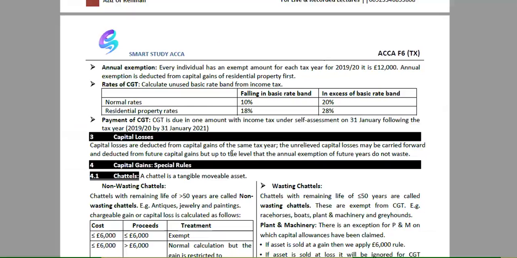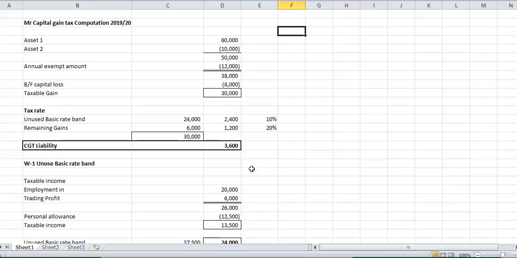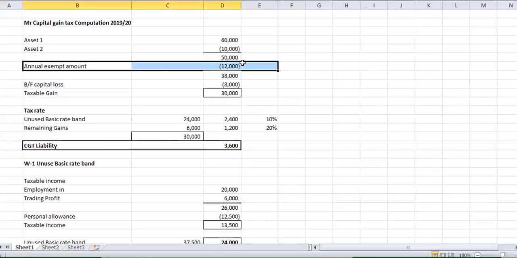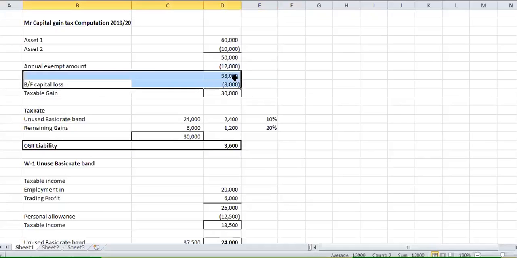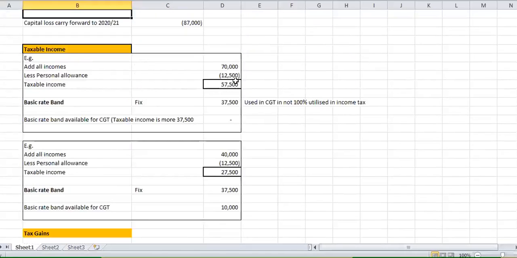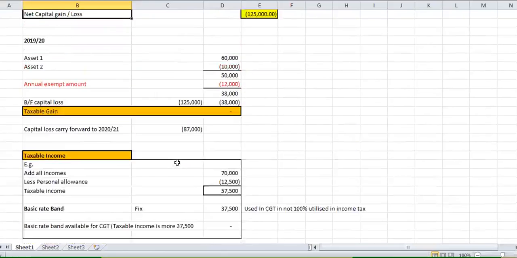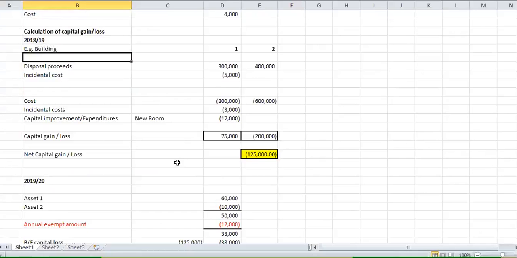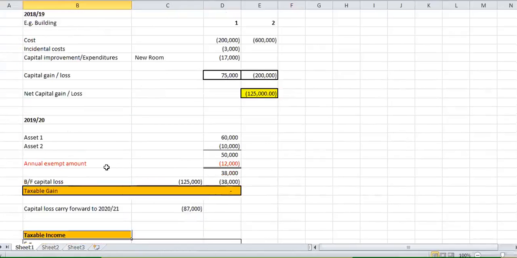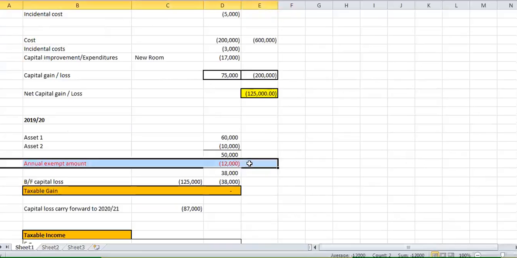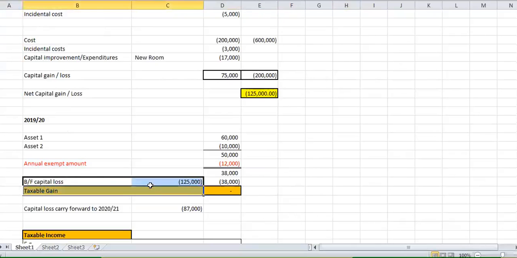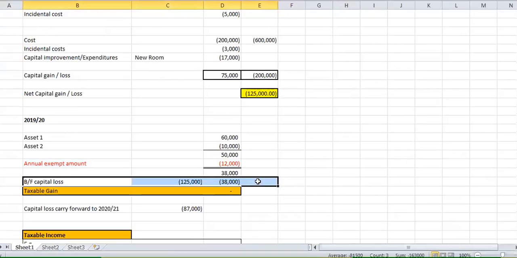Means first we will deduct the annual exempt amount and then we will deduct brought forward capital losses. You can see this point in the previous example as well. First we have deducted the annual exempt amount and after that we have deducted brought forward capital losses.